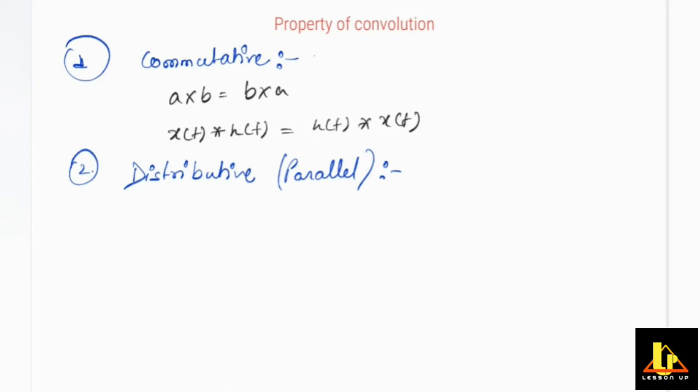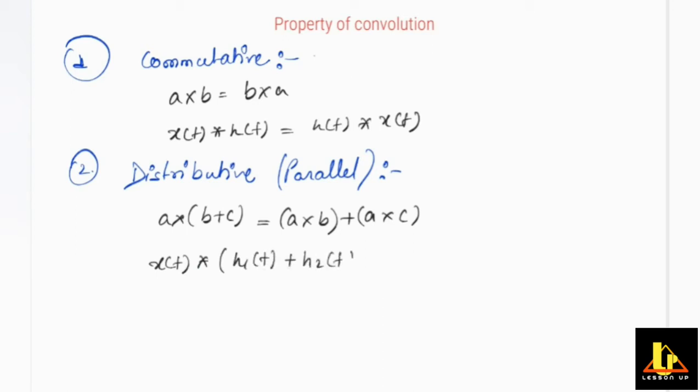Now, according to this property, if A into B plus C will be equal to A into B plus A into C, then x of t convolve with h1 of t plus h2 of t will be equal to x of t convolve with h1 of t plus x of t convolve with h2 of t.